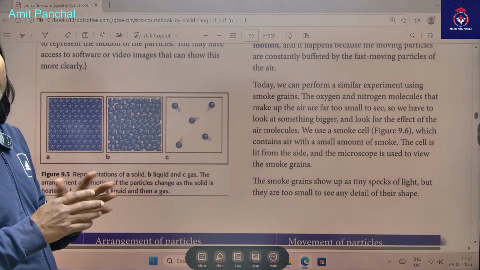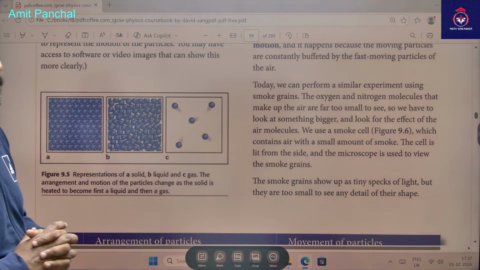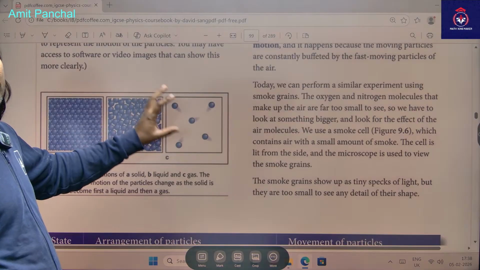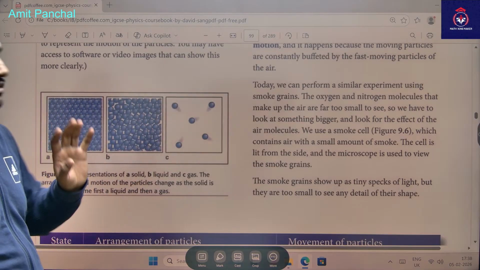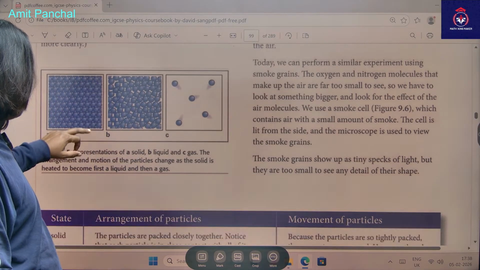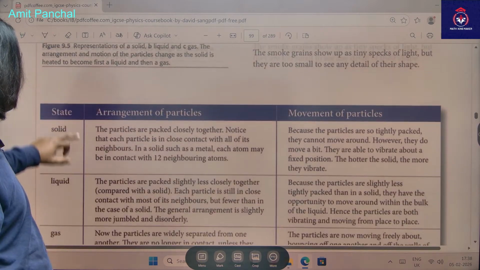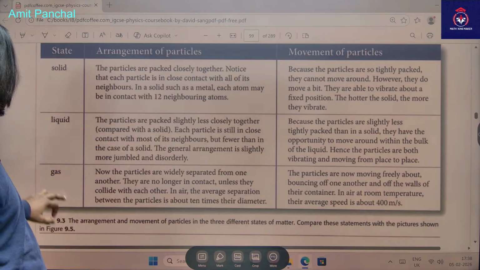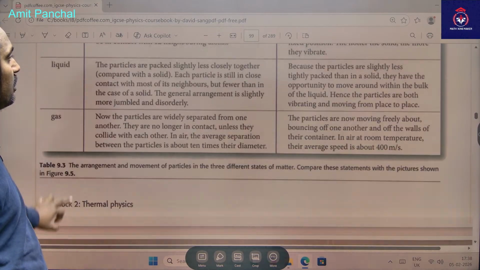In a gas, there is a very large space in between particles. So that's one distinction between solid, liquid and gas in terms of the distance of particles from each other.